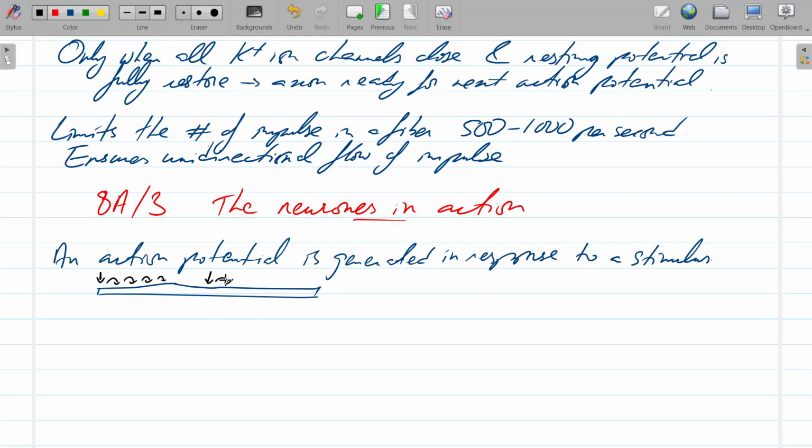right? And so there are changes happening at 3 points. Point number one is where the action potential is, point number two is where it's going forward, and point number three is what's happening to the region that it just moved ahead from. So if you look at point number one, right, that is where the action potential is.